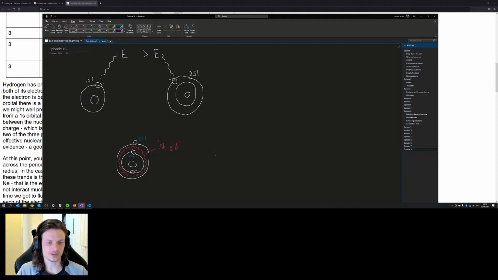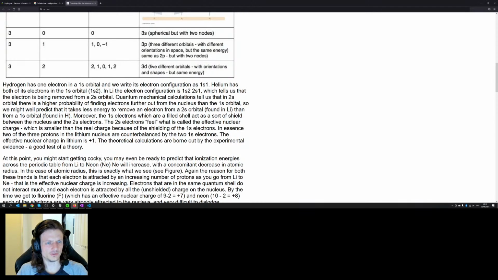So let's copy this diagram again. I need to reread it. The 2s electrons feel what is called the effective nuclear charge, which is smaller than the real charge because of the shielding of the 1s electrons.